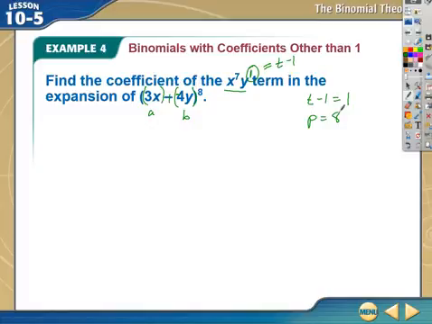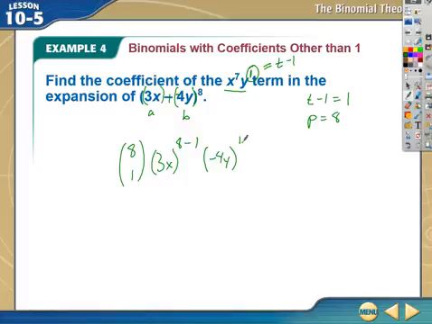So it's 8 choose t minus 1, which is 1, times my a, which is 3x, to the power of 8 minus t minus 1, times my b, negative 4y, to the t minus 1 power.